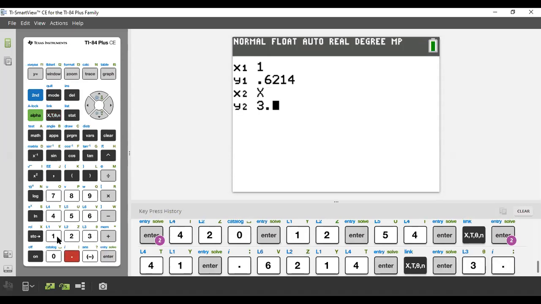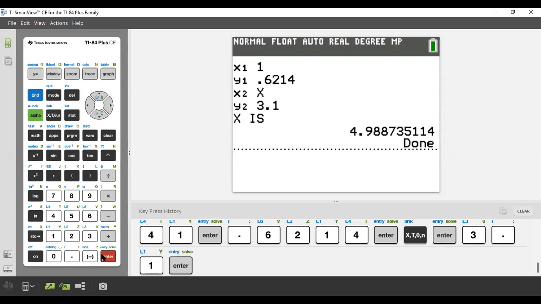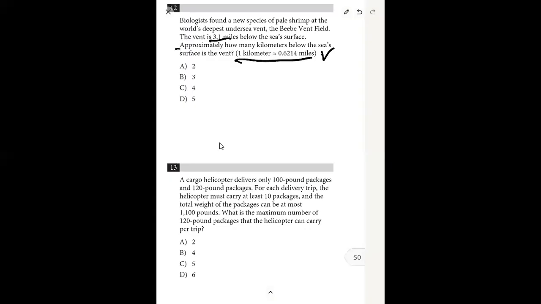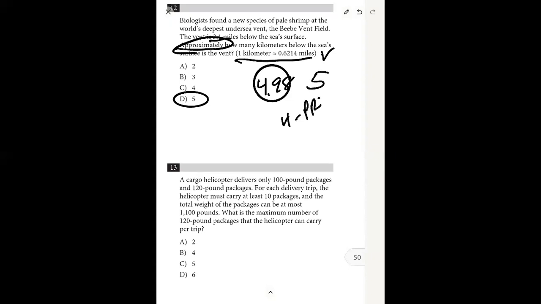And you just say 3.1, press enter. Boom, it says 4.98. All right, so if we look at the answers, it says approximately, so 4.98, we round that up to 5, and our answer would be D. And we keep going. So this is option 4 for proportions.